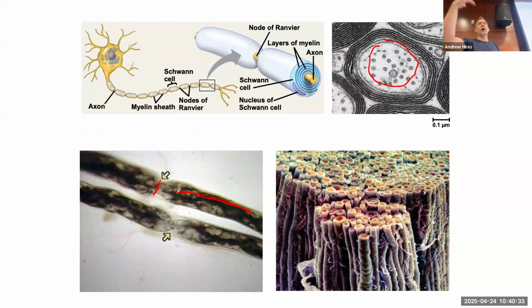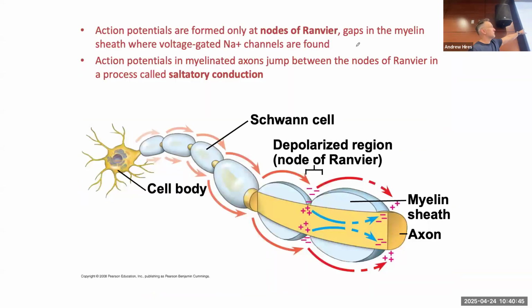It's all sealed up. It can't talk to the extracellular space, so it cannot have a wave of electrical activity. It can't pass any ions there. So these gaps are perfectly spaced so that when sodium ions come into the cell here, they travel laterally.